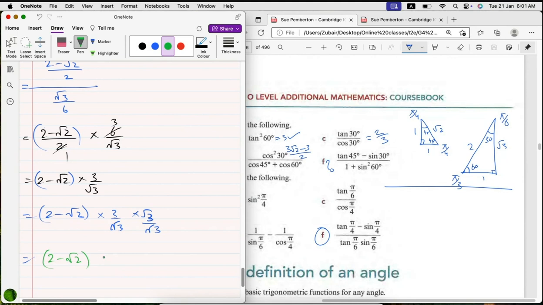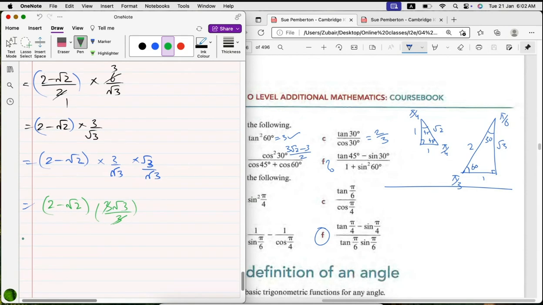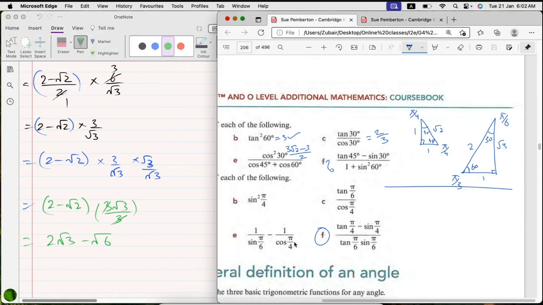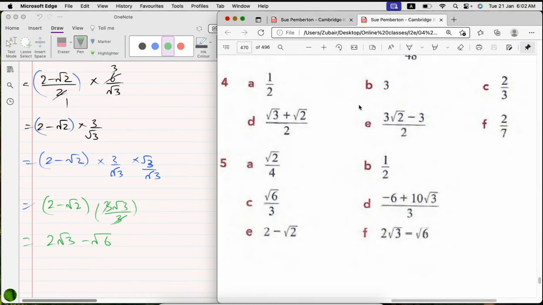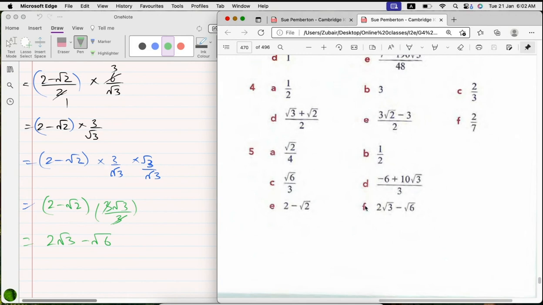So this is 3 root 3 over 3. This cancels out. So we get 2 root 3 minus root 6. This was question 5 part F.